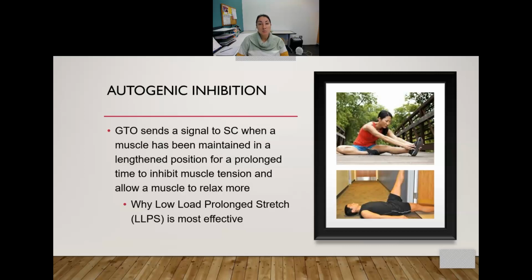If you hold a stretch for more than 30 seconds, a signal is relayed back to the muscle that says relax. This is one of the main reasons that a low load prolonged stretch is most effective. If you have the muscle in a stretch position that's comfortable, that you're able to withstand for a long duration, then that is the most effective way to increase a muscle's length.